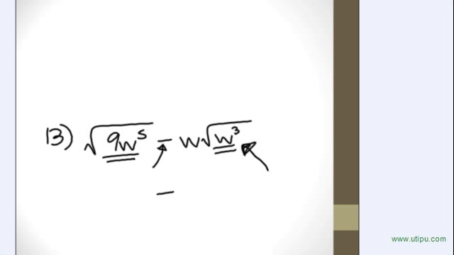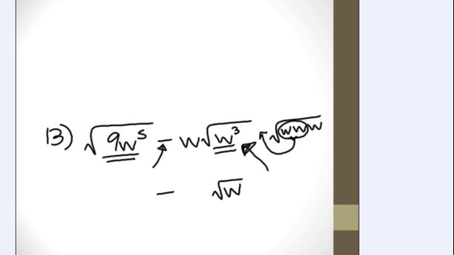All right, square root of w to the 3rd power. Well, w to the 3rd power is w times w times w. And if I'm taking the square root, that means for every pair of common factors, I can take the square root and represent it out here. So the square root of w squared would just be w, and I'd be left with w underneath the radical sign.